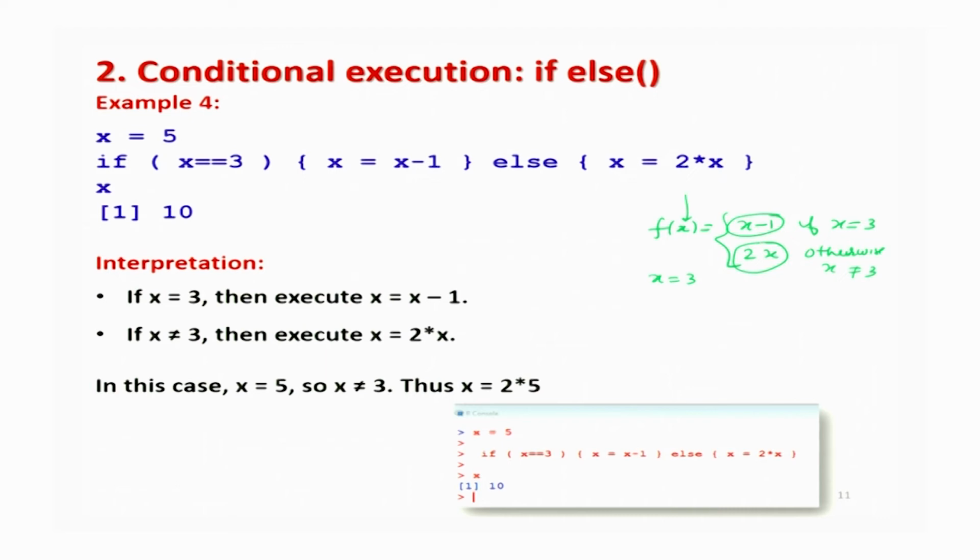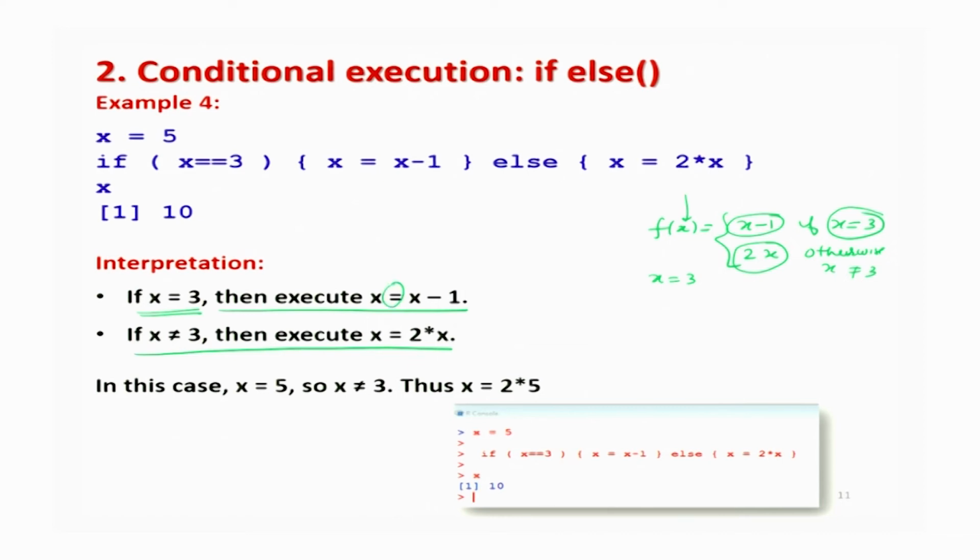So, if you want to write this statement, what do you have to do? You are saying that if x is equal to 3, then execute x as x minus 1, and if x is not equal to 3, then execute x as twice of x.